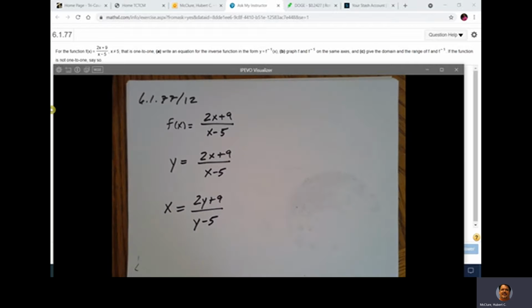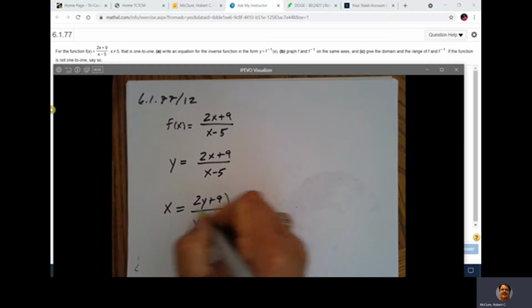And now we're going to solve for y. So that means I'm going to have to get rid of this fraction first. So I'm going to multiply both sides by y minus 5.